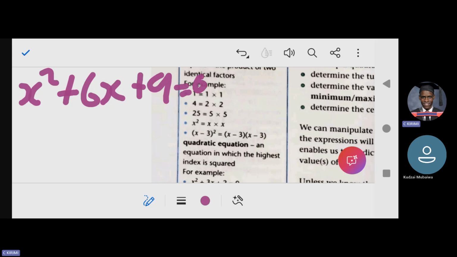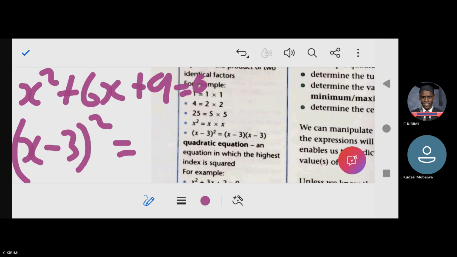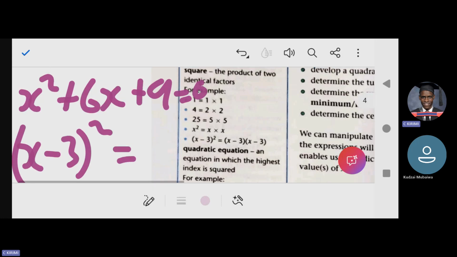With the method, we now have a bracket, (x minus 3) squared is equal to... Oh no, sir, it's supposed to be x plus 3, isn't it? Yes, it's (x + 3) squared.